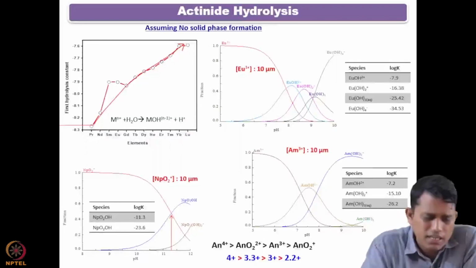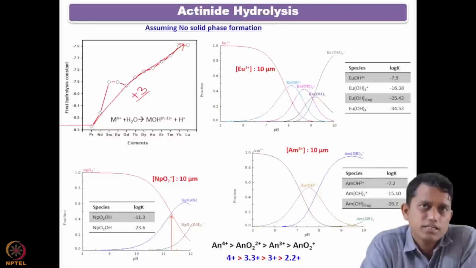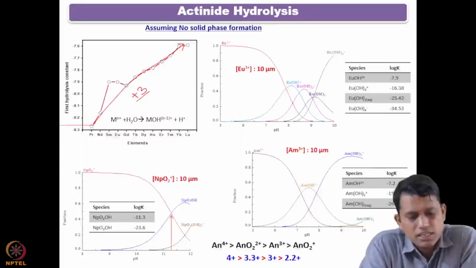Why is this? Because the charge is assumed to be plus 3 only, and when the size is decreasing, the Z by R ratio is increasing. So they have more and more ionic potential, and because of this their tendency to react with the hydroxide ion is increasing.